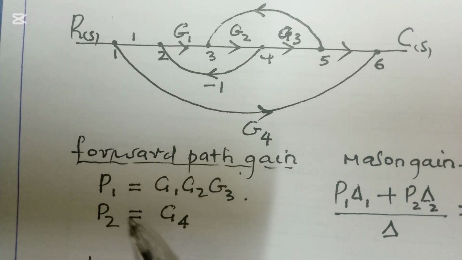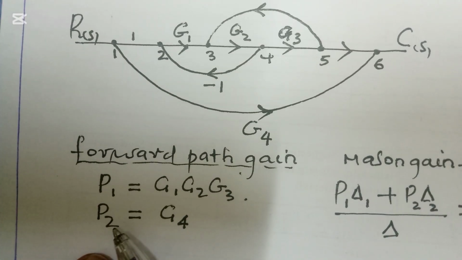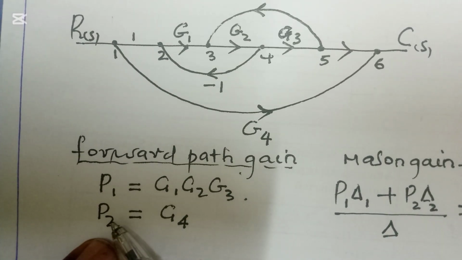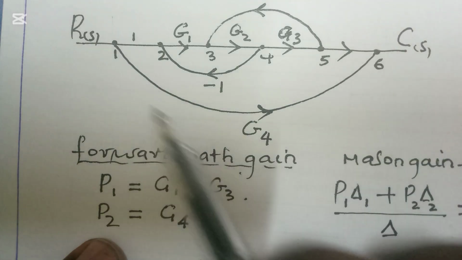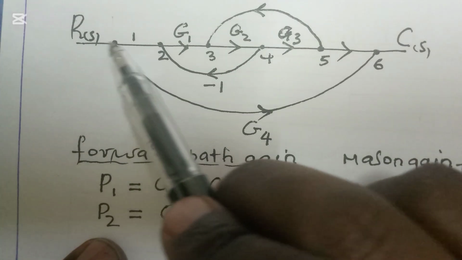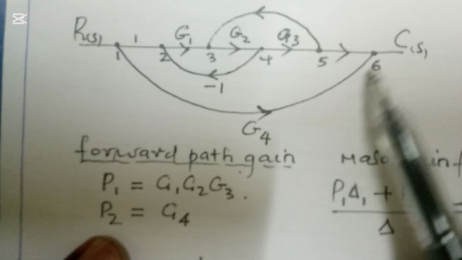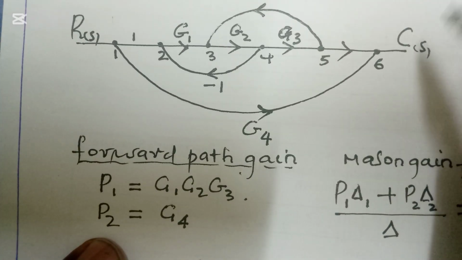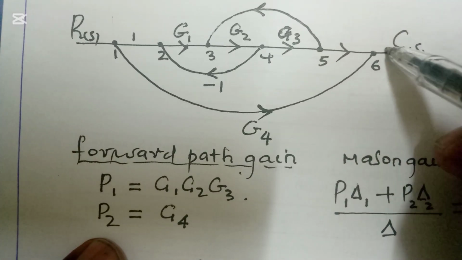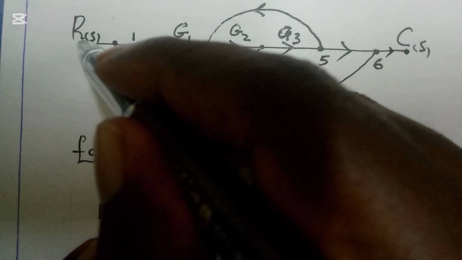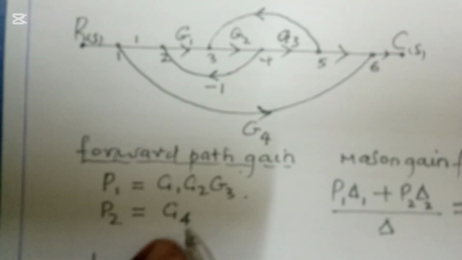And the other one is through P2, path P2, which goes through the G4. From this point it goes out like that up to the output. That is another path. So we have the path gain as G4.